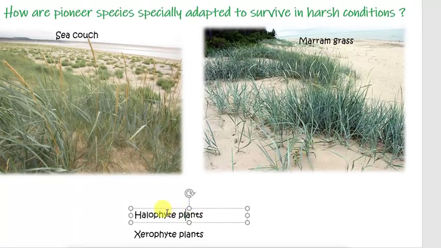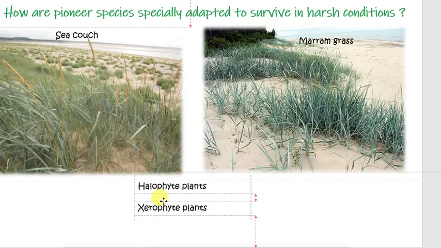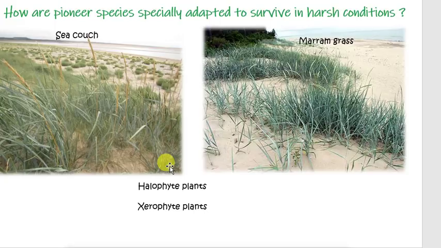A couple of keywords which we need to understand, and everybody always gets these mixed up, so if I say it again, maybe it won't happen. Can you think of a way of not getting these two terms muddled up? Halophyte plants. A halophyte plant just means it's a plant that can tolerate salt water.